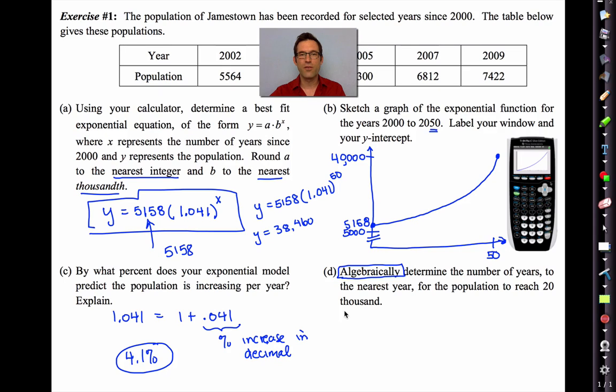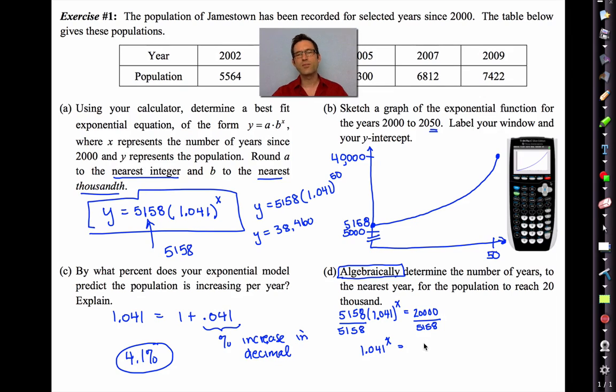So what I need to solve is this equation: 5,158 times 1.041 to the x equals 20,000. Really tiny. Now, to get x all by itself, the first thing I'm going to do is divide both sides by 5,158. And that's going to give me 1.041 to the x.